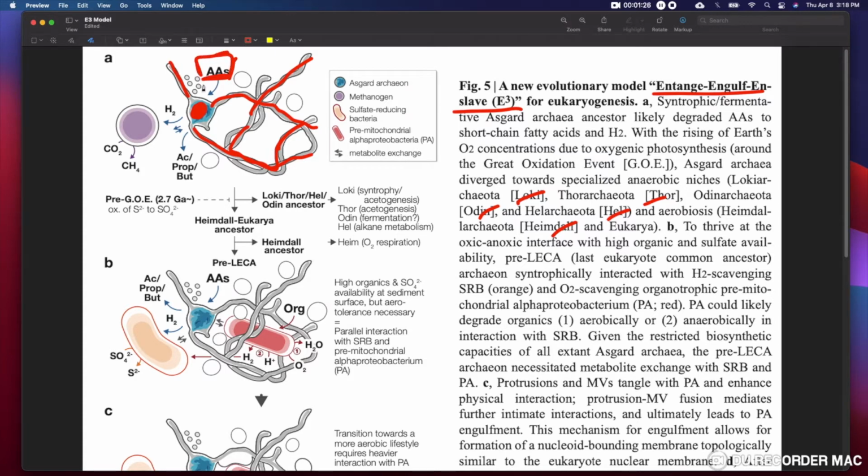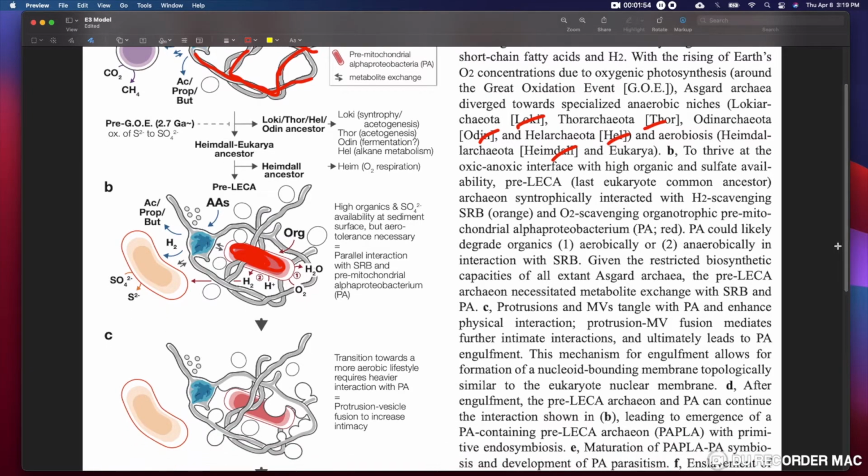So what they're proposing is that our last eukaryotic common ancestor was an Asgardian archaea that may have produced such protrusions, and those protrusions may have allowed for the syntrophic growth, growing near each other, of another species of bacteria.